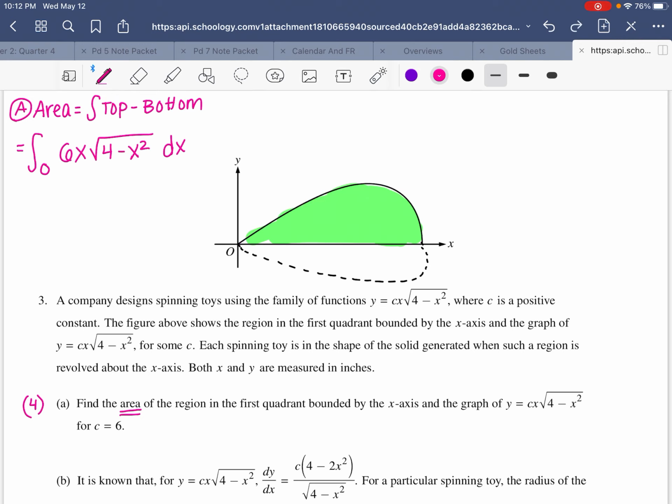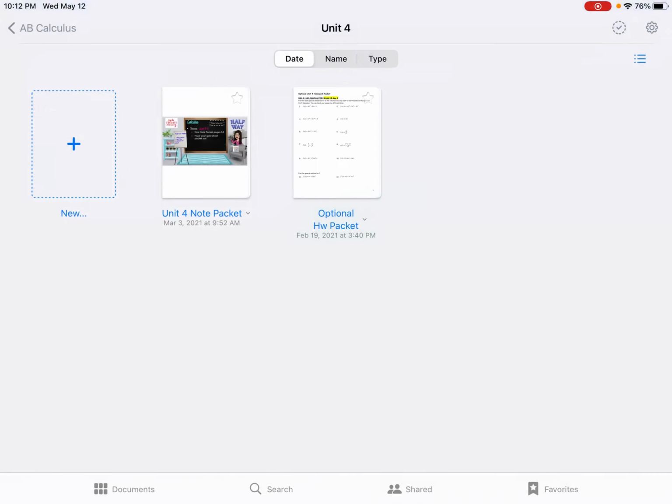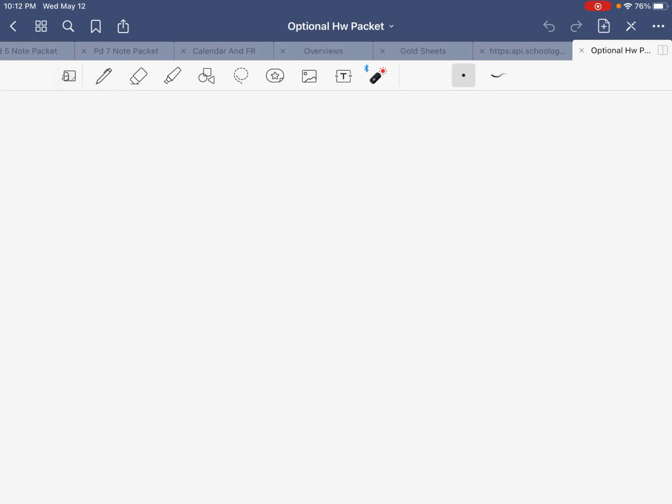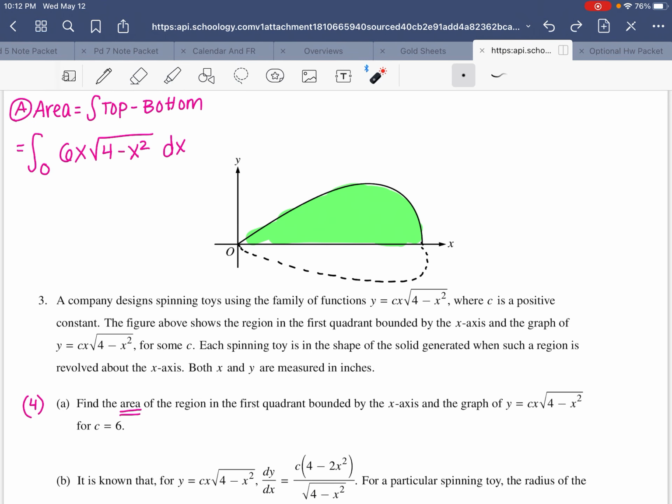My upper bound, I need to see where this graph touches the x-axis. So I need to find my x-intercepts. So I'm going to take my function and I'm going to set it equal to 0.